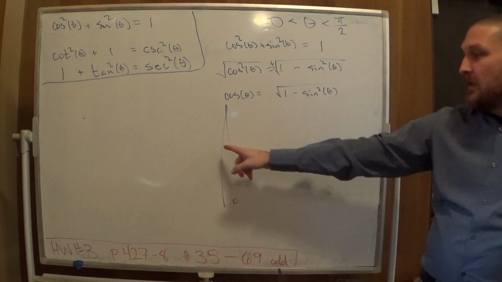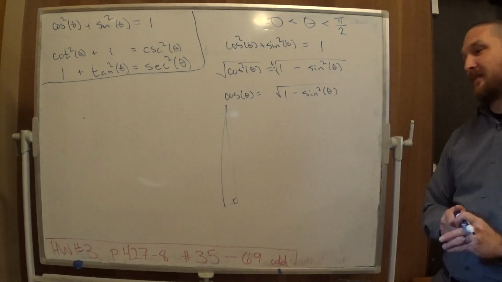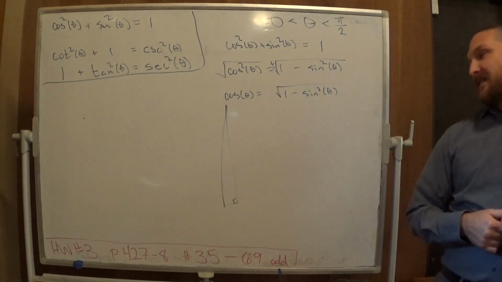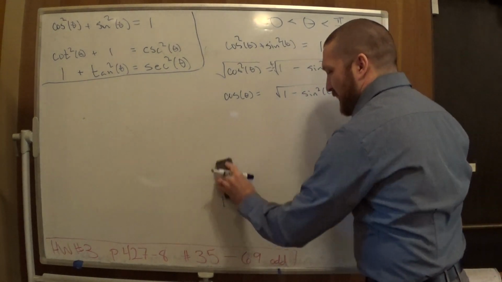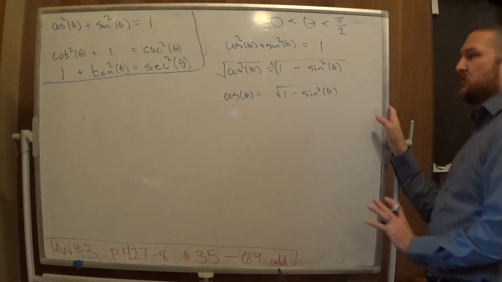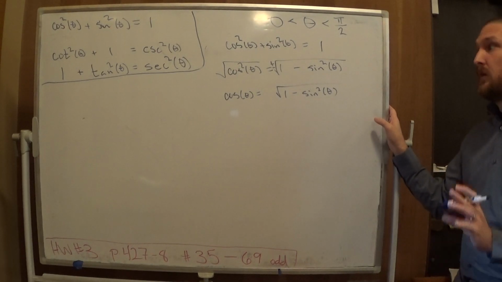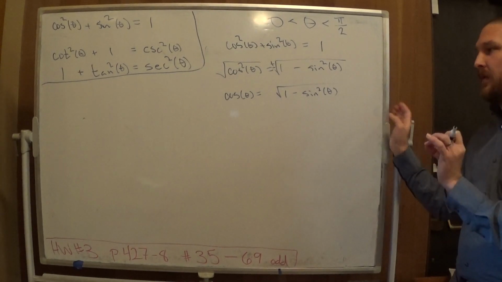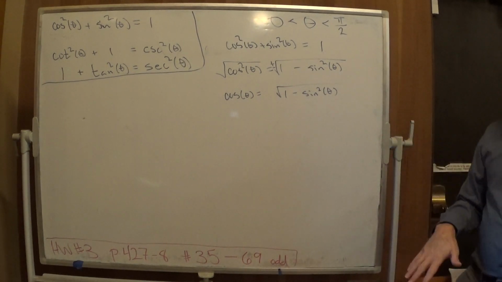But tangent could be different. For tangent, cosecant, cotangent, and secant, it's not always the hypotenuse on the bottom. But as far as this is concerned, when we do the unit circle, we are going to go in depth about the ranges of all of these, like how big can their outputs be, and so on.